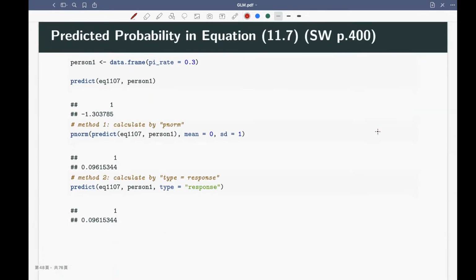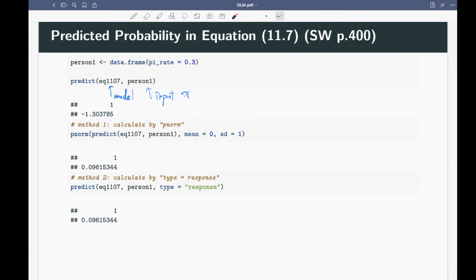Okay, so how about the predicted probability? At first, you should have the model and an input x. Also we have 0.3.